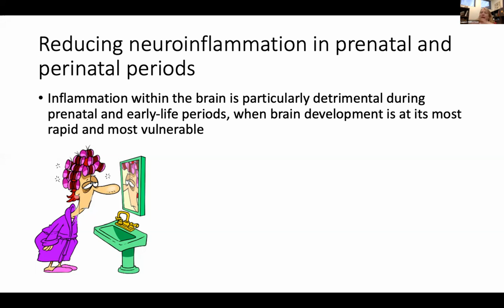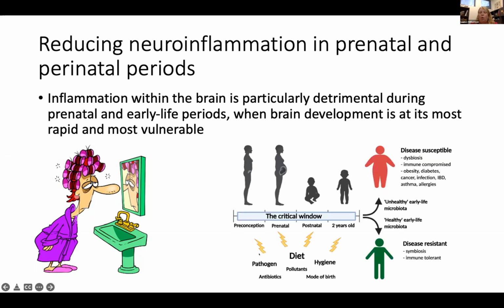So the brain does a lot of development very early in life. Rats are a particularly good model because their first week to 10 days of life is a lot like the 3rd trimester in humans. They're born altricial. They do a lot of development. When we are looking at inflammation in babies, we are often looking at making mom sick or giving inflammation at different times along the critical window of brain development.